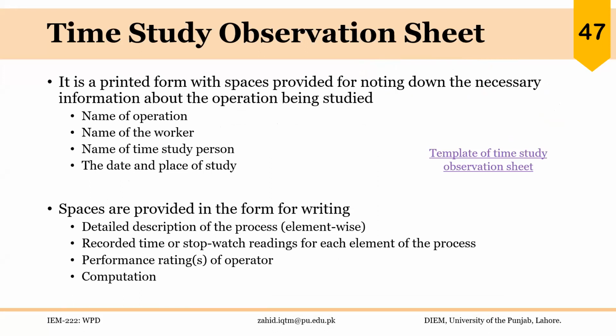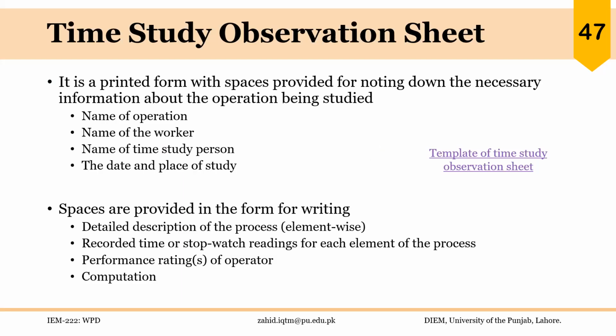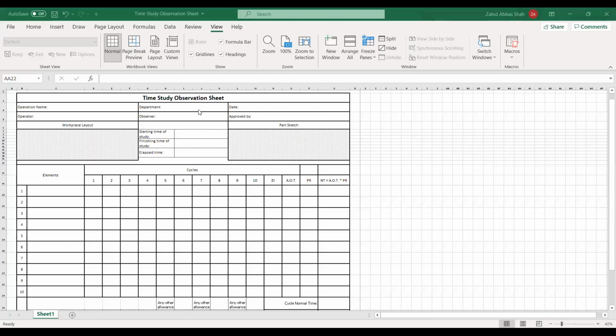There should be a column for the performance rating, and some space for calculations as well. Let me show you an example of such a sheet. This is just one of the many possible templates for a time study observation sheet.